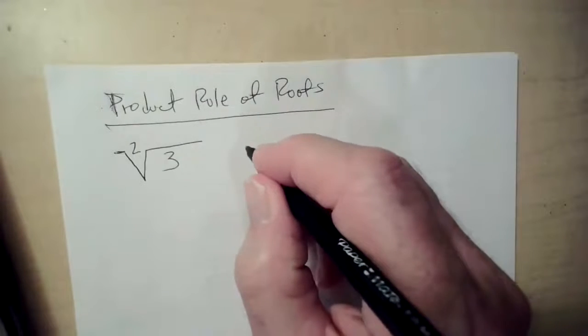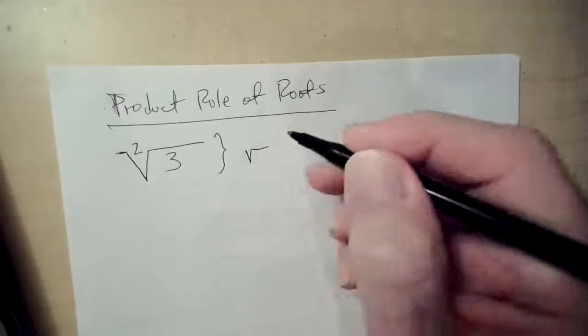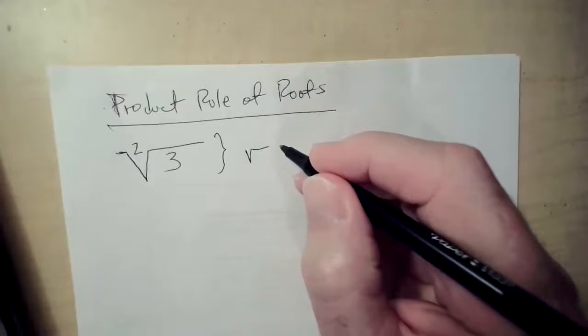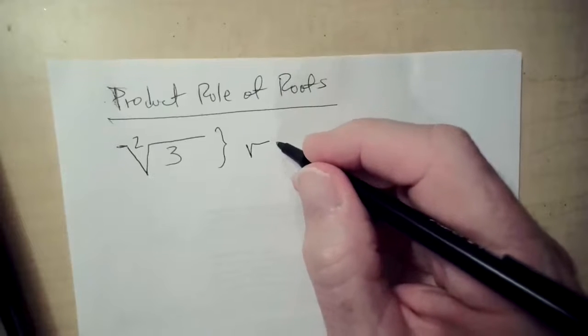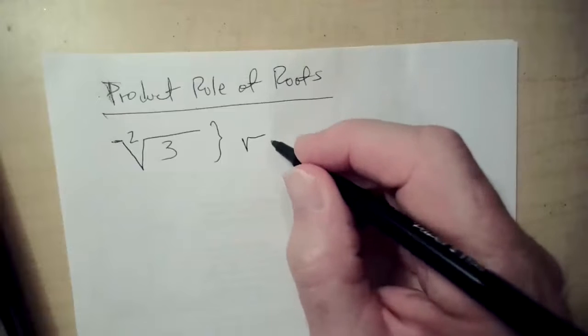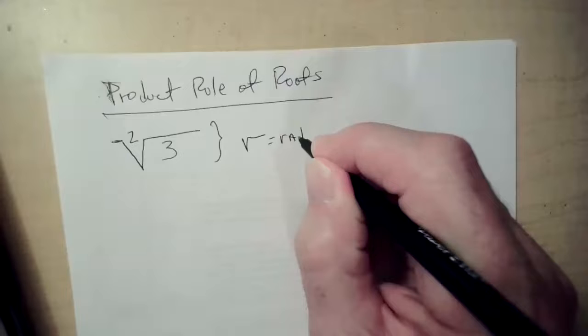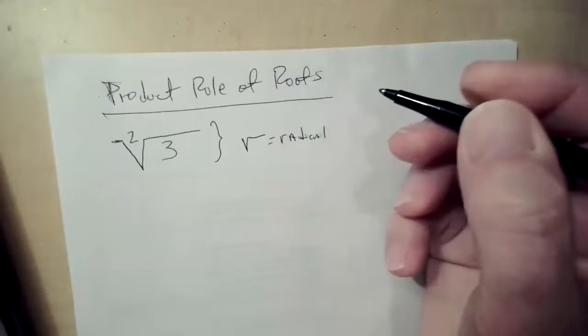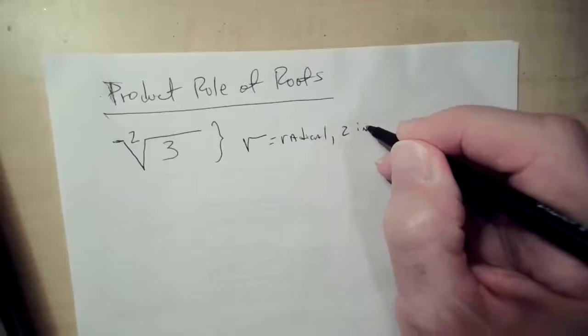Okay, this symbol right here is called the radical. None of this stuff is super important, but you are going to see these terms, this vocabulary, from time to time. This is called the radical. The 2 is the index.